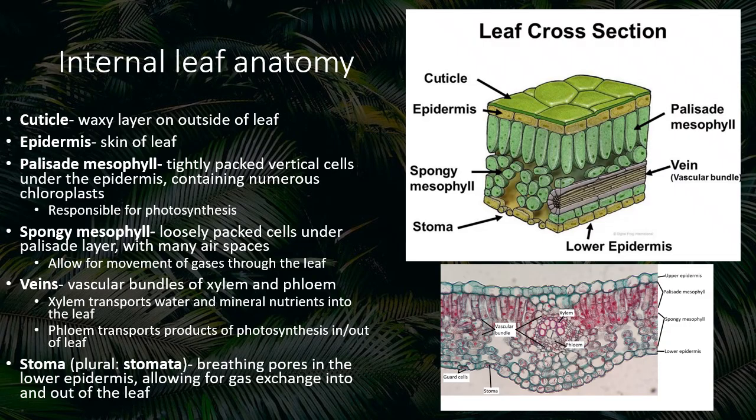Just under the palisade mesophyll, we have the spongy mesophyll. The spongy mesophyll is another soft tissue layer composed of loosely packed cells. And the reason it's important that these cells be loosely packed is they allow the flow of gases through the leaf. The leaf is mostly taking in carbon dioxide from the atmosphere, but it's also producing oxygen as a waste product of photosynthesis.